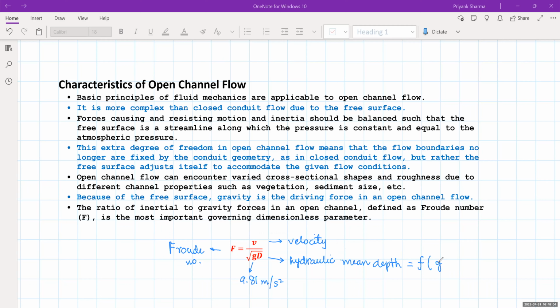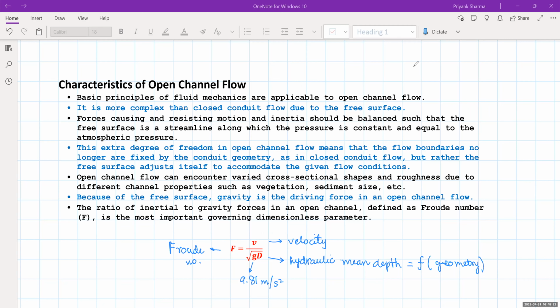So if you have a square channel, a rectangular channel, a triangular or trapezoidal channel, this parameter is likely to change. So when we deal with open channel flow, our description will definitely involve the Froude number.